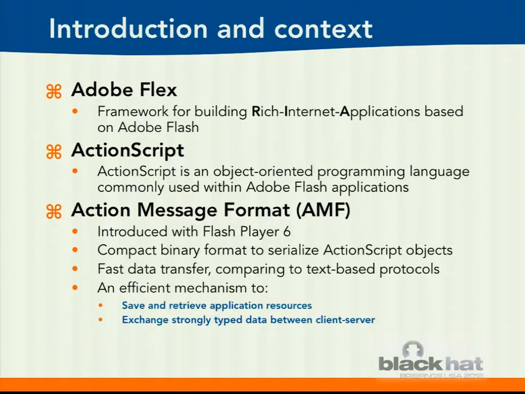The idea behind AMF is to either save and retrieve application resources locally, or, for example, exchange data between client and server. It's a binary protocol, so that's definitely way more efficient than a text-based protocol. And moreover, as the serialization is natively done by Flex, that actually allows you to reach quite good performance.